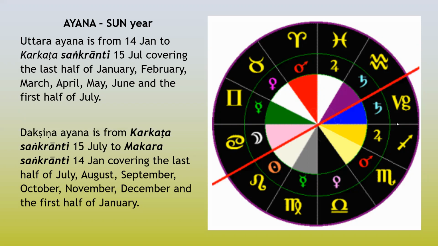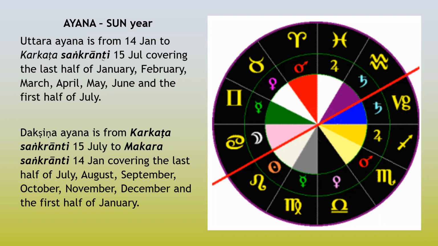Number two is you also have to realize that Makar Sankranti, when it happens around the 14th of January in India, is a huge festival, huge. What that means is that the sun has entered the sign of Capricorn.